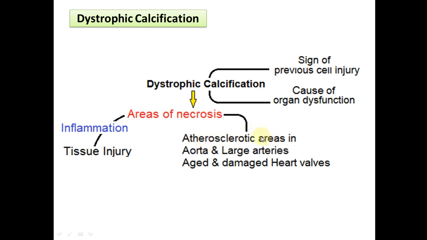Atherosclerotic areas in the aorta and large arteries are very particular sites of dystrophic calcification and abnormal calcium deposition. And sometimes, with advancing age, and particularly if the heart valves are damaged by any disease, there is excessive dystrophic calcification, which not only indicates injury in these sites, but if it is severe, it may cause abnormalities.